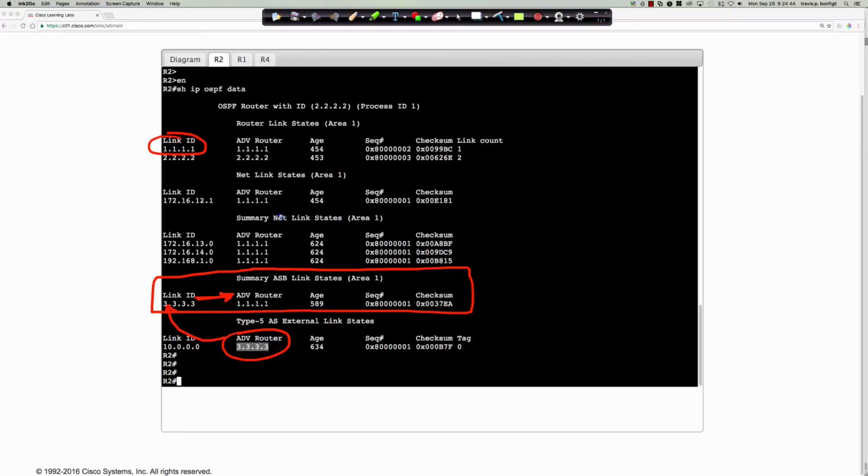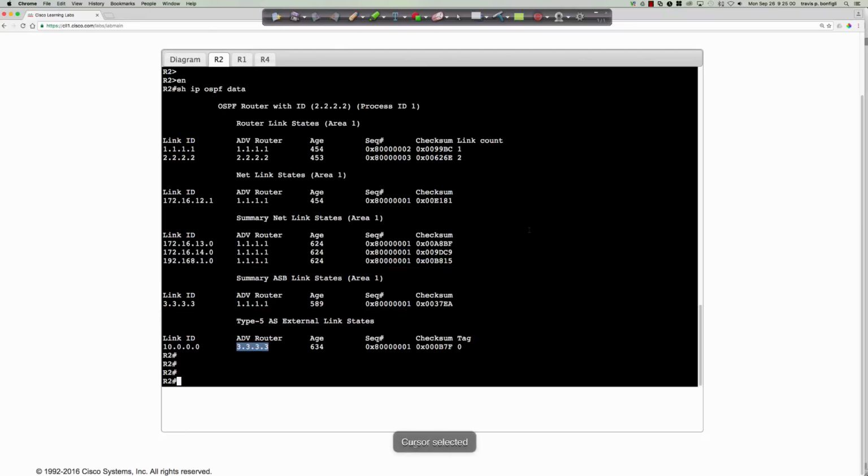We have a Type 1 LSA for router 1, which means it's in our area. So I just recurse over to router 1. That is where I'm going to end up forwarding the traffic. And then router 1 will ensure that that information gets sent down to the proper ASBR. And that's what the Type 4 LSA is all about. It's sort of like a little helper. Helps you get to the ASBR so that you can get to this external routing information.